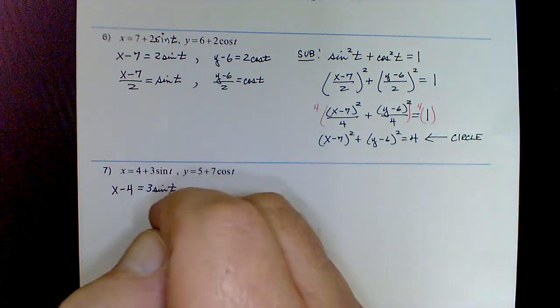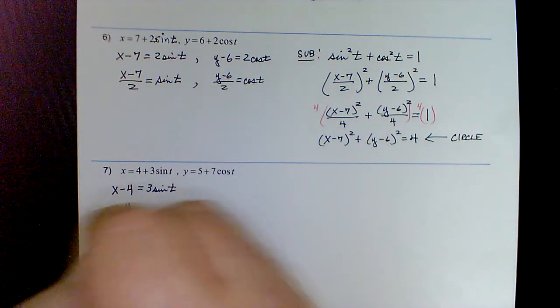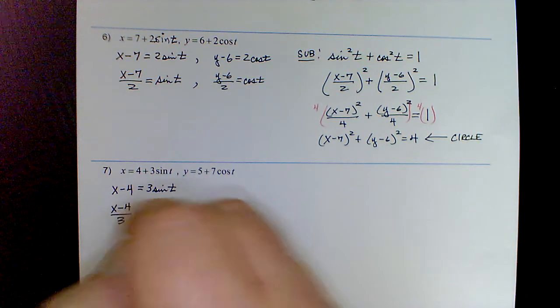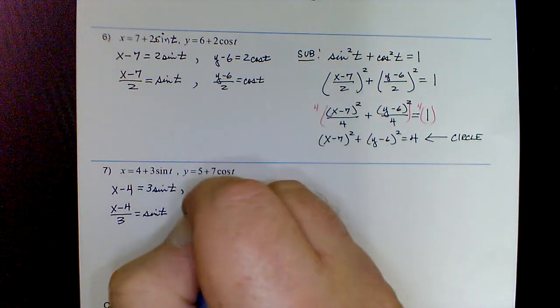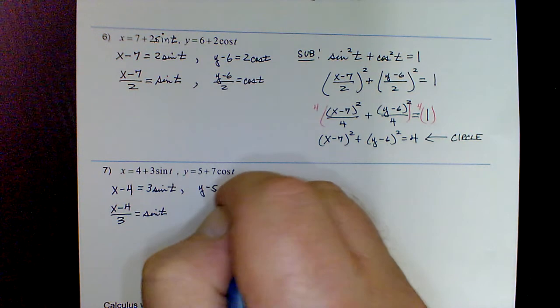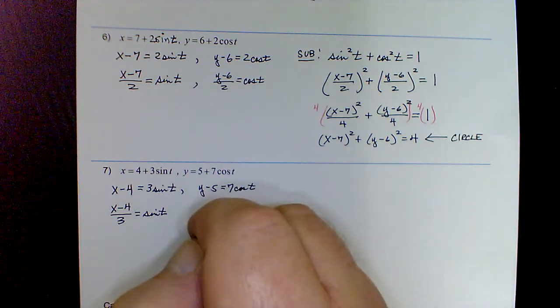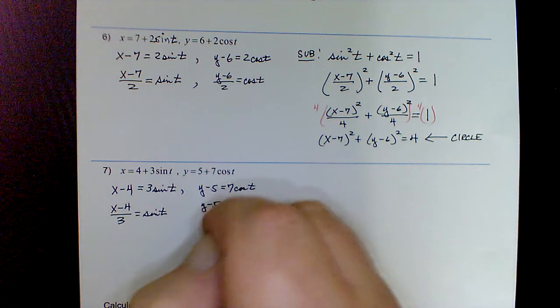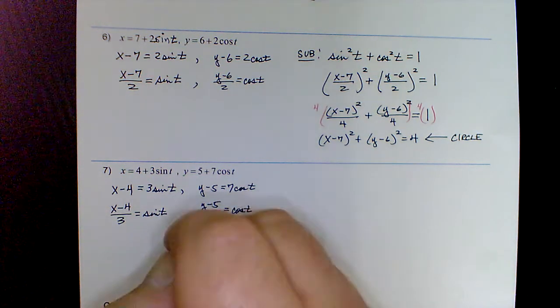So x minus 4 is 3 sine of t, divide by 3, x minus 4 over 3 is sine of t. Do the same thing for y, transpose the 5. y minus 5 is 7 cosine t, divide by 7, y minus 5 over 7 is cosine t.